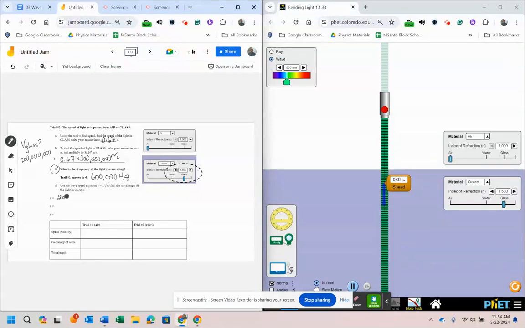So I'm going to take that number, I'm going to put it down over here, 200 million meters per second. And then given our answer for the frequency of the light, which is 600,000 hertz, I'm going to use our wave speed equation.